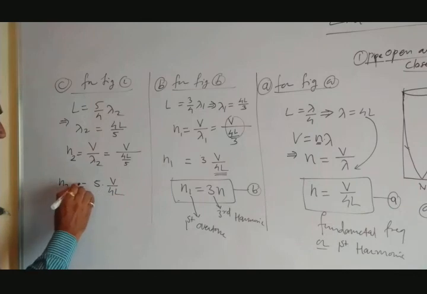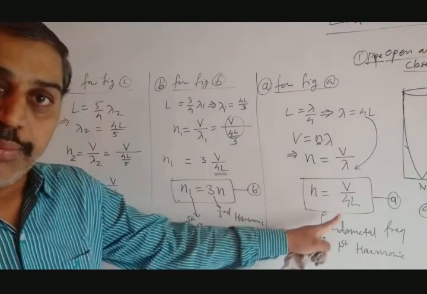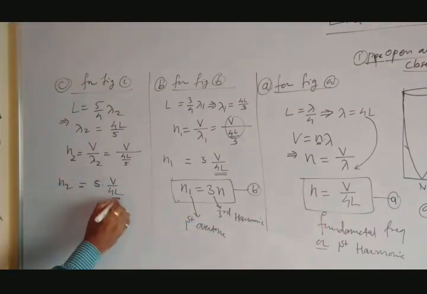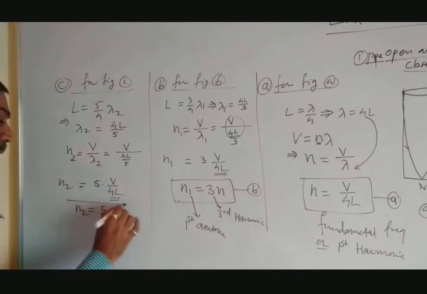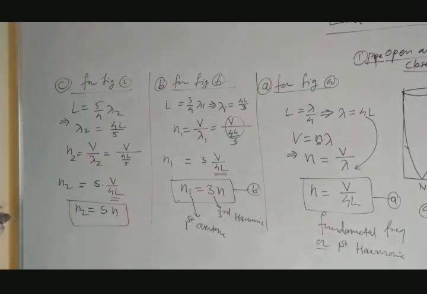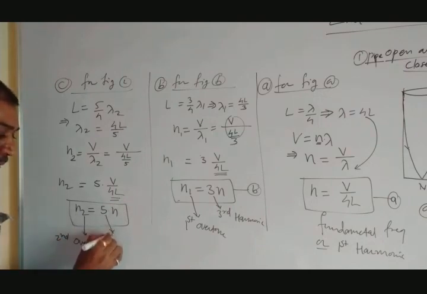Again from figure A or equation A, n equal to V by 4L. So this is nothing but n. So you can write n2 equal to 5 into n. From this it says that this is second overtone and fifth harmonic.